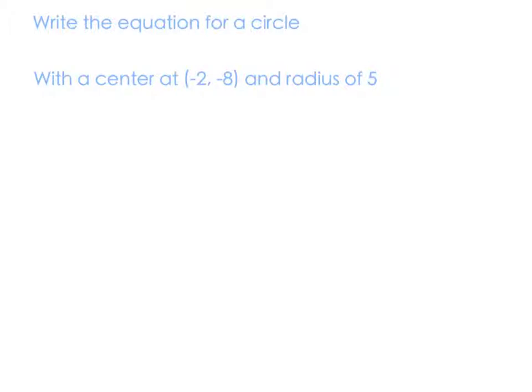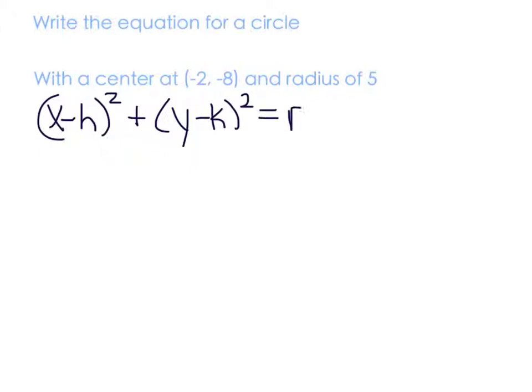Alright, now I want you to write the equation for a circle with the center at -2, -8, and a radius of 5. So they're not going to give you a picture of it, but you could always sketch one if you needed to, or you could just say, alright, the circle's equation is x minus h all squared plus y minus k all squared, I'm getting this straight from the formula chart, equals r squared.